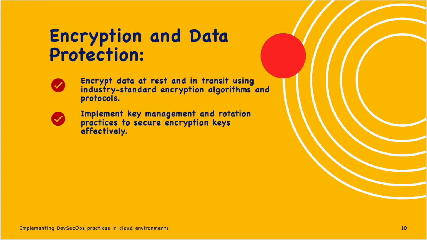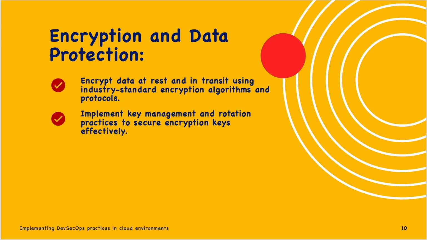RSA, an asymmetric encryption algorithm used for encrypting data and digital signatures. RSA is commonly used in public key infrastructure (PKI) systems. Elliptic curve cryptography, ECC, a suite of cryptographic algorithms based on elliptic curves, offering strong security with a smaller key size compared to RSA.